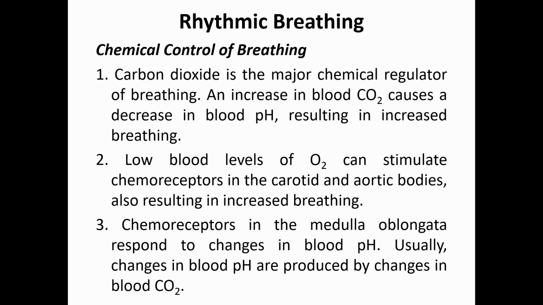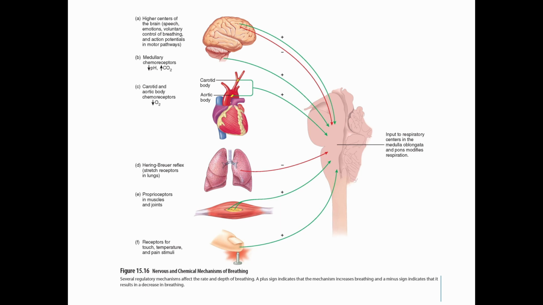Chemoreceptors on the medulla oblongata also respond to changes in blood pH. Usually, changes in blood pH are produced by changes in blood carbon dioxide. Okay, so these are all the methods of how your breathing can be controlled, either by mechanical and neural, or by your chemical receptors.